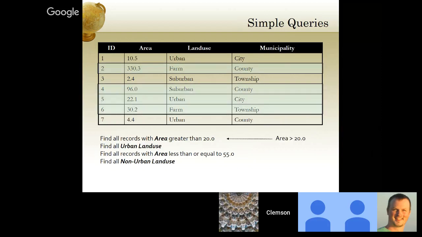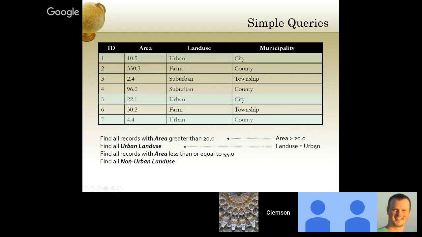Yep, so we'd have 2, 4, 5, and 6. All of these have an area greater than 20 and would be returned, and those highlighted in blue are the selected set of entries. How about all of our urban land use? How many records would be returned? 3. Yep, so records 1, 5, and 7 all have land use equals urban.